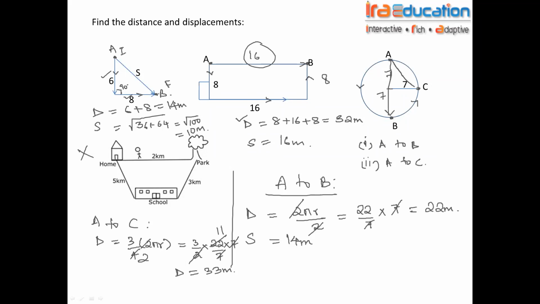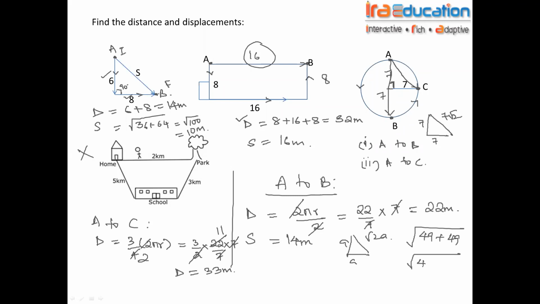From A to C, draw a straight line. This is a right angle triangle. 7 and 7 over here. So this will become 7√2. Okay, guys? Yes, ma'am. Remember, if A and A are there, √2A is this length. Otherwise, you can do 7 square, 49, plus 7 square, 49.